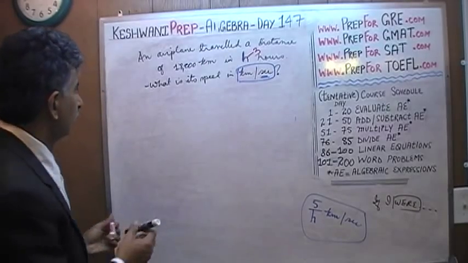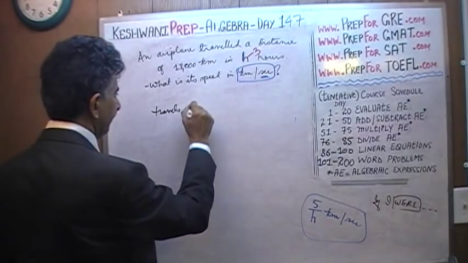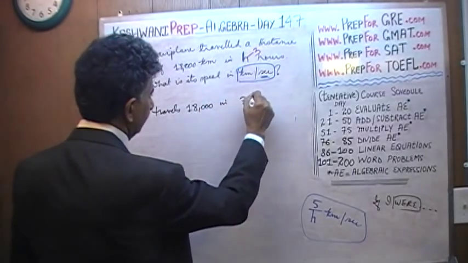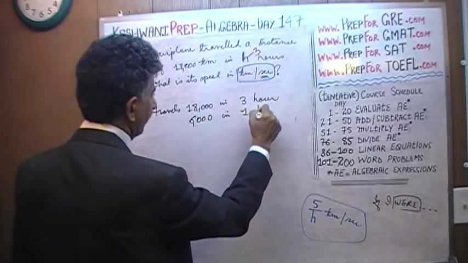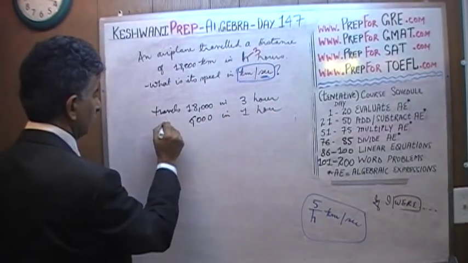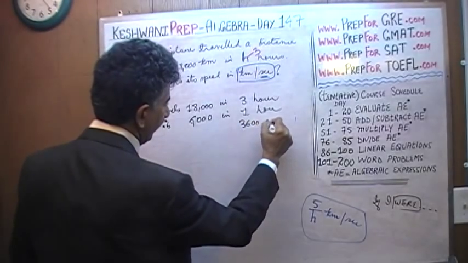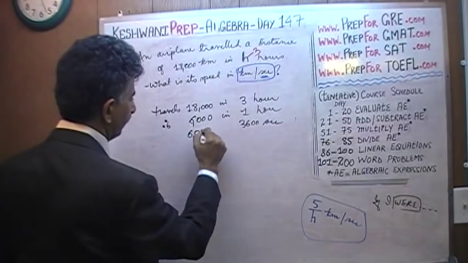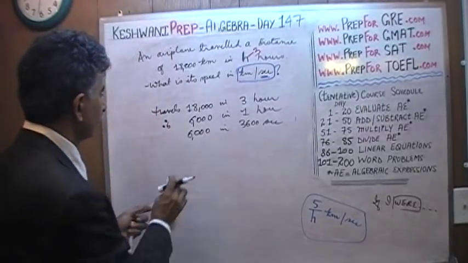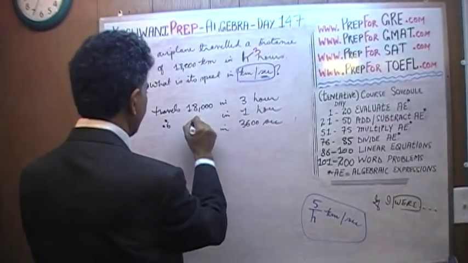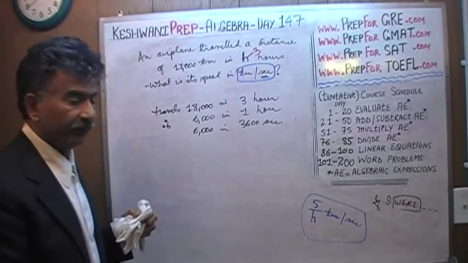So watch what happens. Now we are saying that it travels 18,000 kilometers in 3 hours, therefore 6,000 kilometers in 1 hour. We divide by 3, therefore 6,000 kilometers in 1 hour. 1 hour is the same as 3,600 seconds. So it travels 6,000 kilometers in 3,600 seconds.